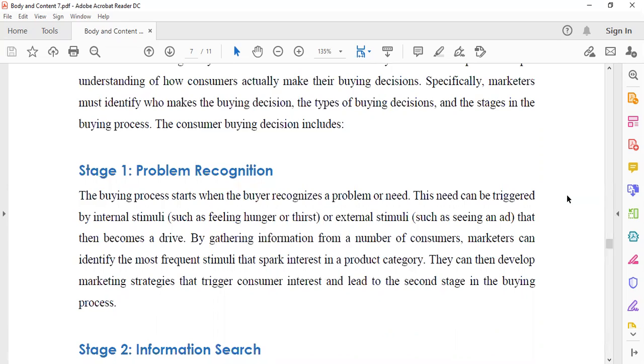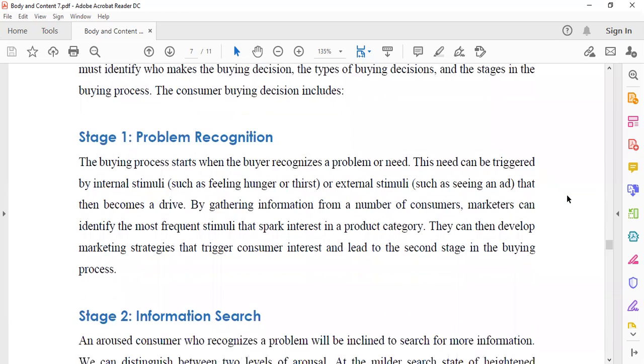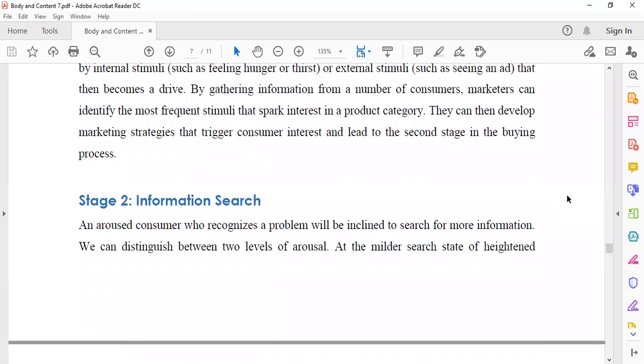And so this problem recognition or need identification stage moves the consumer to the second stage, the information search. In most cases, depending on the type of product, the consumer may need to gather information on how to be able to solve the problem identified.